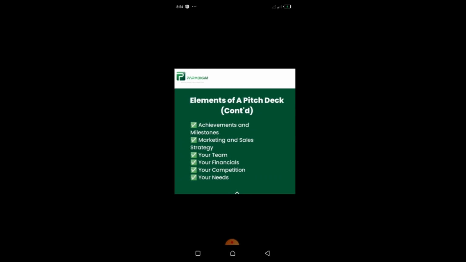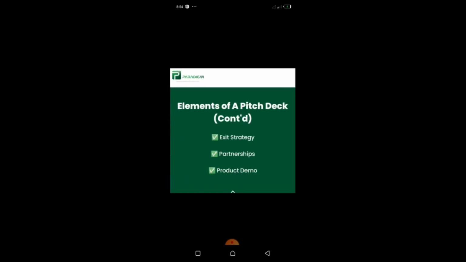Now, some other things that you need to put into your pitch deck is your exit strategy. An exit strategy is a kind of guarantee by which you let your potential investors know how they will get back their money.